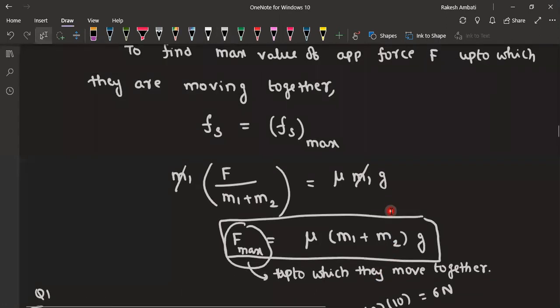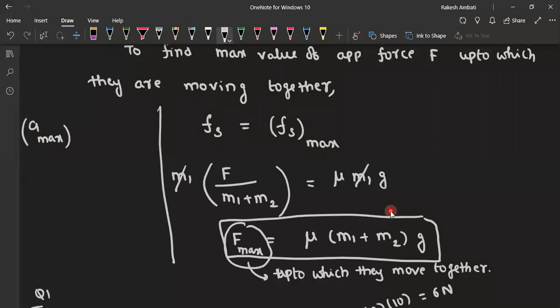Then how to find the maximum common acceleration? If you have any space in type 1, please note that down also. To find the maximum common acceleration, we have to consider the maximum applied force up to which they move together, upon, in the denominator, the sum of the masses m1 plus m2.